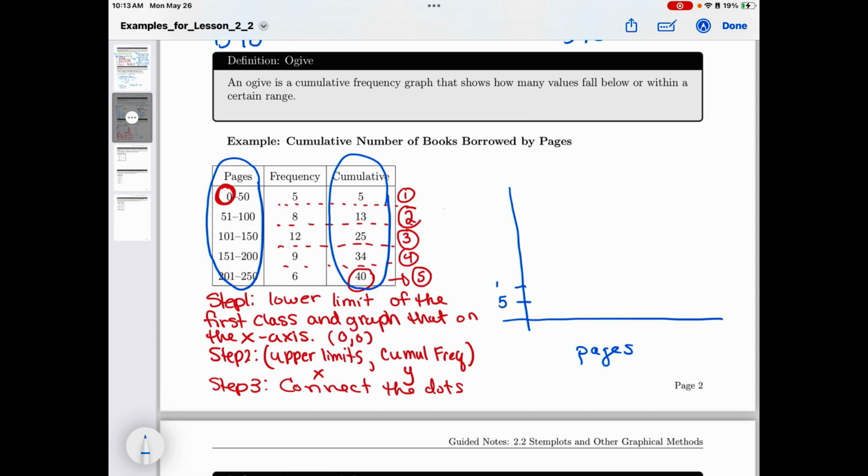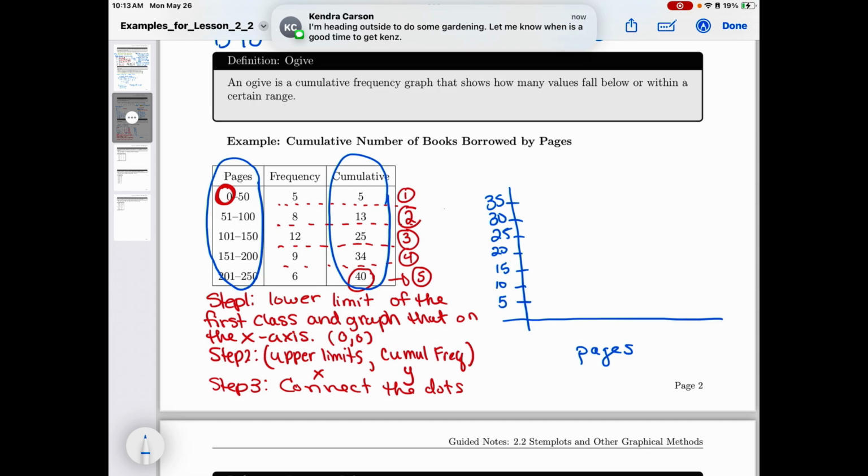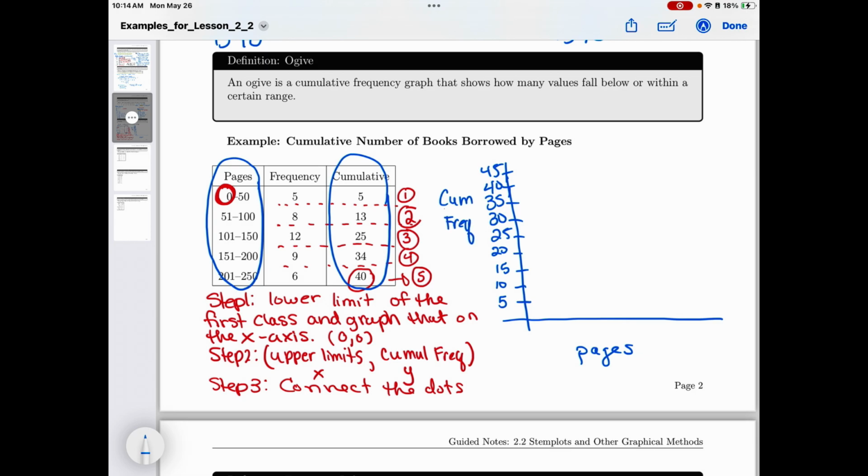So I'm going to go by 5s up to 45. And then for the label, we're going to have the cumulative frequency.